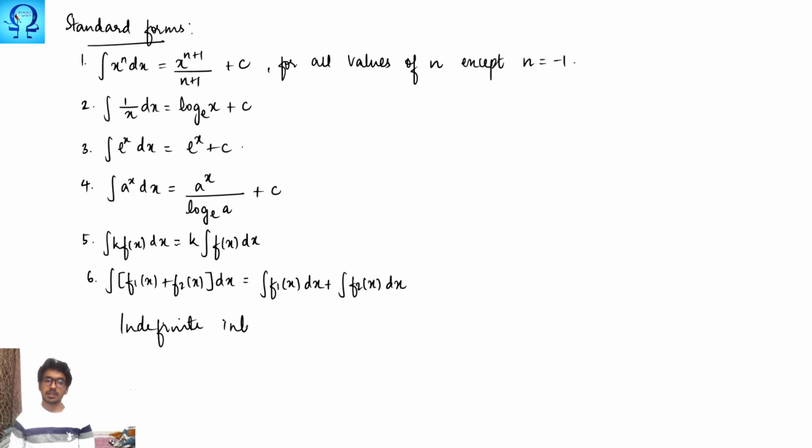So that is the idea that we are going to see in the rest of this lecture. These standard forms are indefinite integrals, because you are not sure from where to where you are integrating. I told you that integration is the process of taking an infinite sum, right?